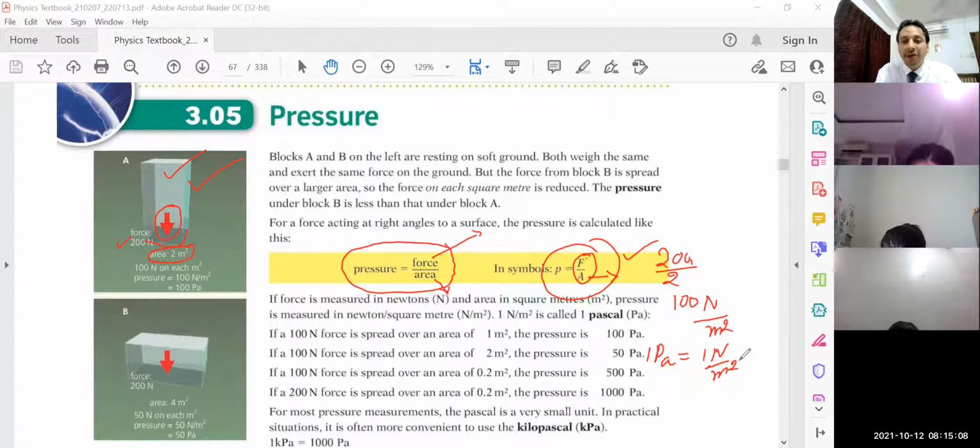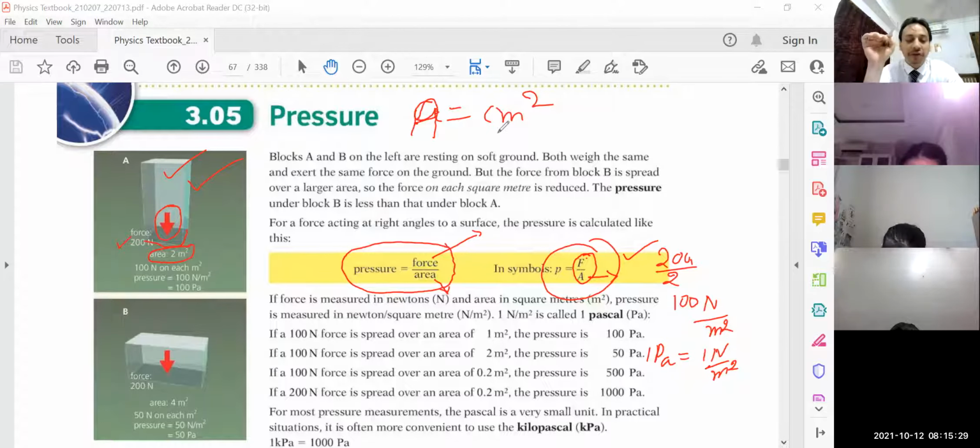But sometimes, children, it's not necessarily that every time you will get area in meter square. Sometimes this area may be in centimeter square or millimeter square. It may be possible. So if area, let me write it capital A, is in centimeter square, then what will be the unit?